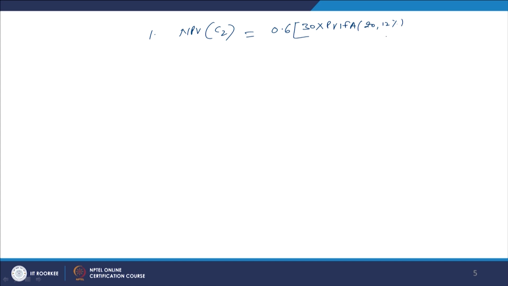So, 60% is the probability that your cash flow will be 30 millions, plus 40% is the probability of the cash flow of 20 millions, PVIFA for 20 years at a discount factor of 12%, close the bracket.